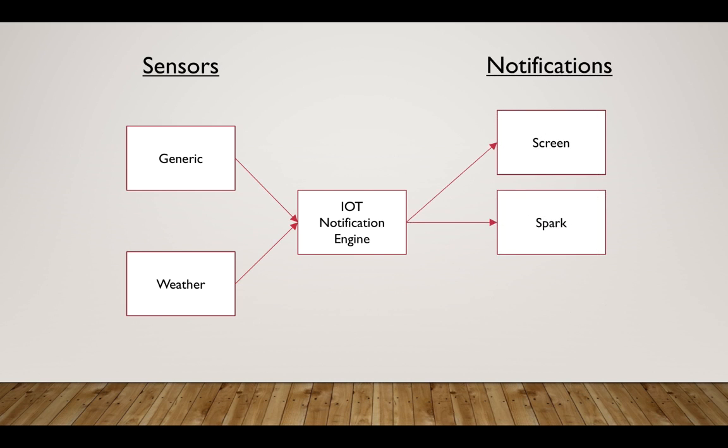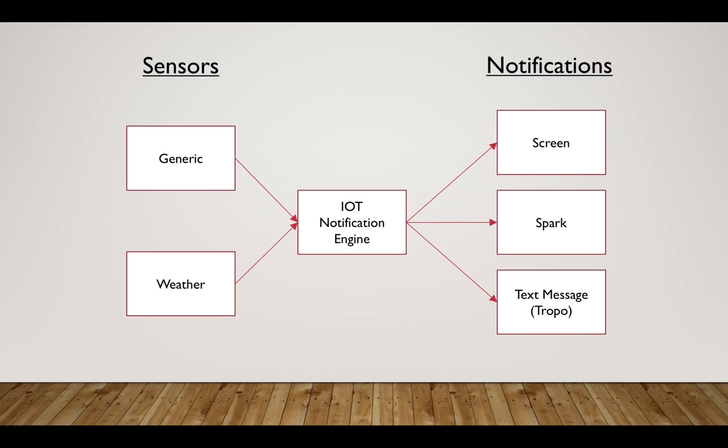From a notification standpoint, we currently have three notification engines. These can all be used simultaneously, so you could have multiple notification engines at the same time. For example, we have a screen notification. This will run in the application and display the output on the screen itself.